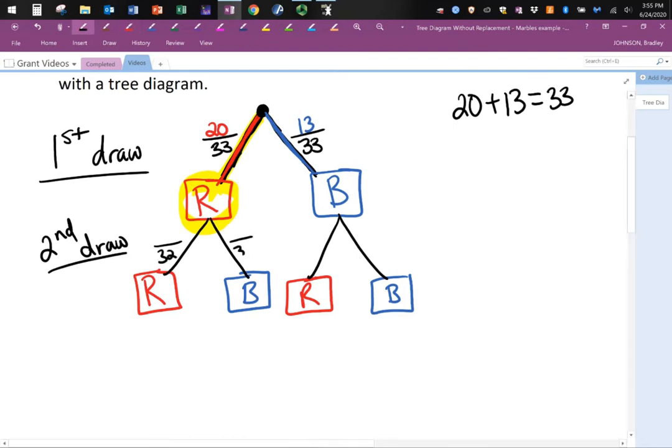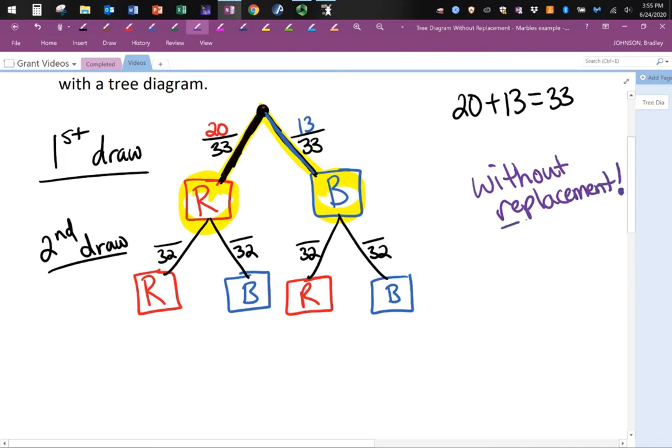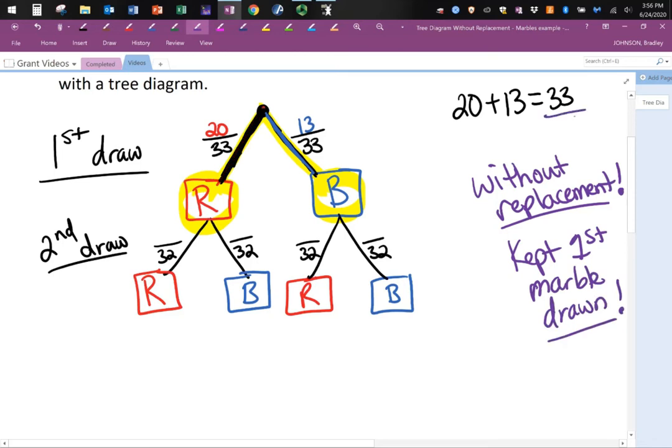Now there's only 32 marbles, because without replacement means you've kept the marble with you. No matter whether you went down that red path or down this blue path, if you pick the blue marble, there's still only 32 marbles now. That's key here because we have without replacement. We kept the first marble drawn. We had 33, now we only have 32 marbles left.